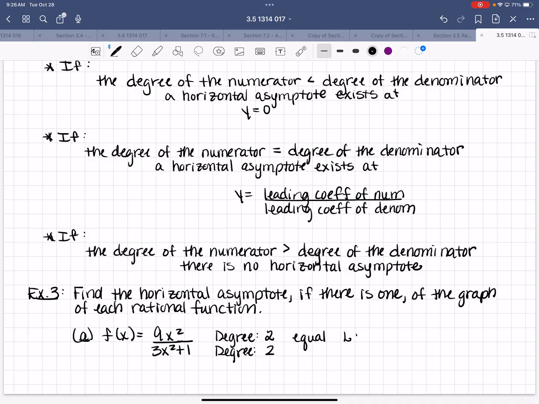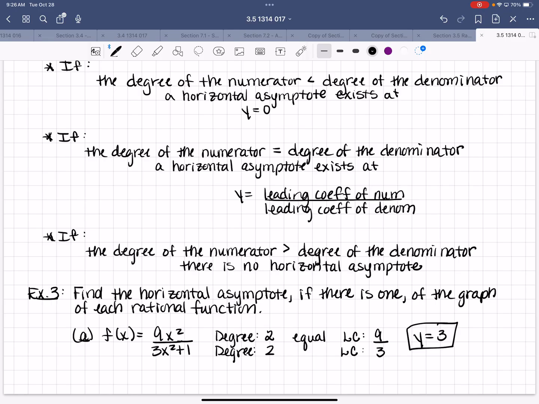The leading coefficient of the numerator is 9. The leading coefficient of the denominator is 3. And what's 9 divided by 3? 3. Good. So I have a horizontal asymptote at y equals 3. That's all you've got to do. Alex, like, this is easy. Yeah, it is. It actually is. And this actually helps you when you take limits later on.